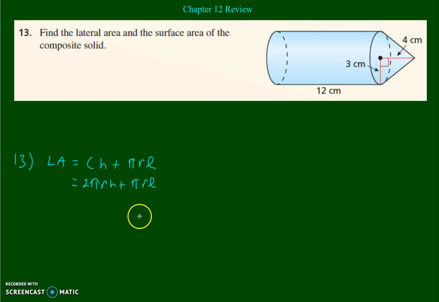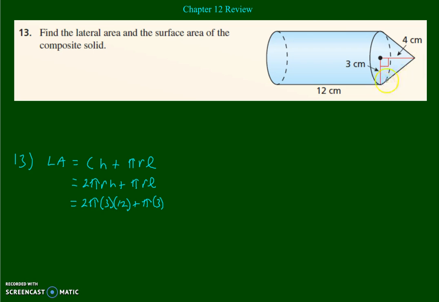Go ahead and substitute in our values. We have 2 times pi times r, the radius is 3. The height or length of the cylinder is 12. Plus pi, r again is 3.